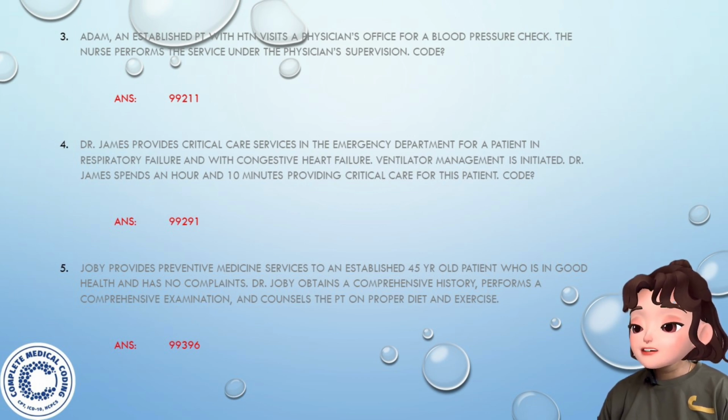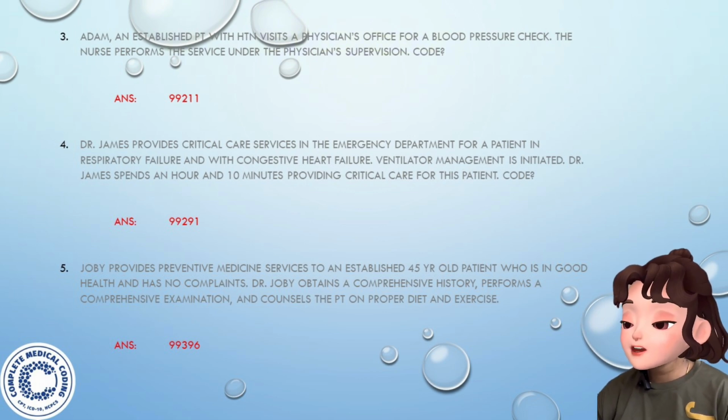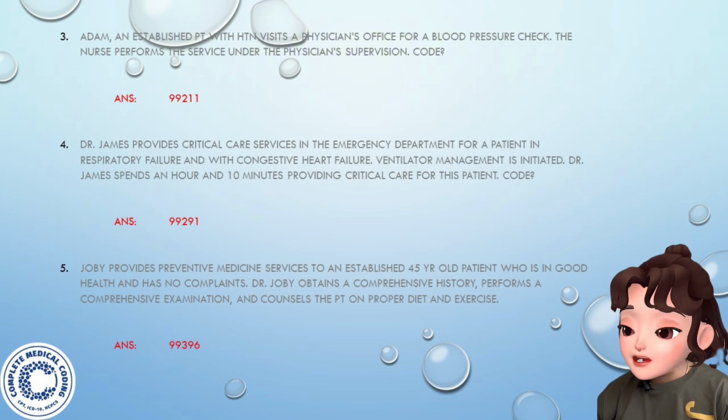The first code in the CPT code book: periodic comprehensive preventive medicine evaluation, re-evaluation and management of an individual including an age and gender appropriate history, examination, counseling, risk factor reduction interventions, and ordering of lab diagnostic procedures for an established patient, infant age younger than 1 year.